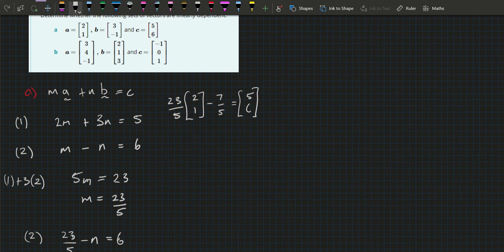All right, so that's basic. Oh, I forgot to write the actual vector for B. So that would be 3 and minus 1 equals 5 and 6. All right, great. So it's a little bit annoying though. It's taking up too much room.